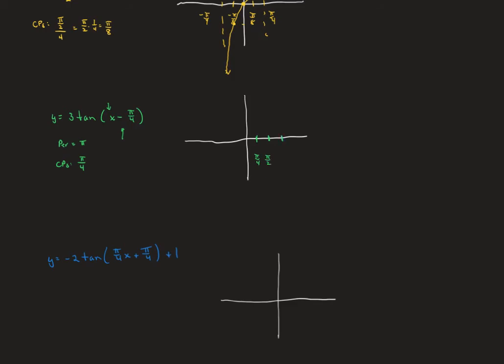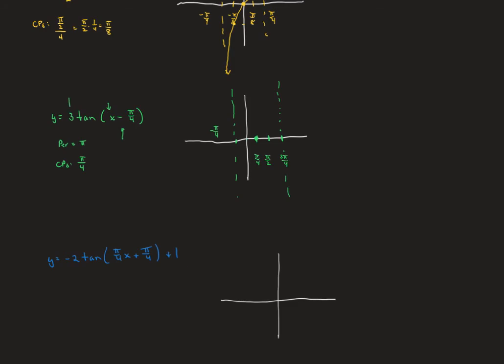I'm going to go another tick mark, which is going to make that 3 pi over 4, and that's going to be an asymptote. I'm resetting back to the middle, and I'm going to go one tick mark to the left, that's 0. Another tick mark to the left is going to be a negative pi over 4, and that's going to be an asymptote. Now, we didn't translate this up or down at all, so our tangent is still going to start in the middle.